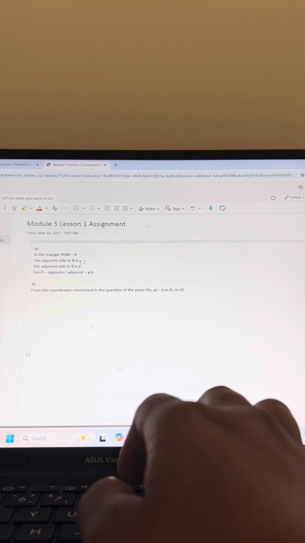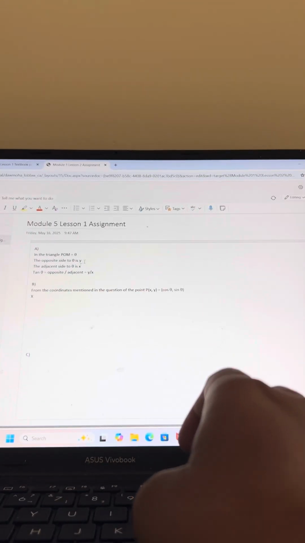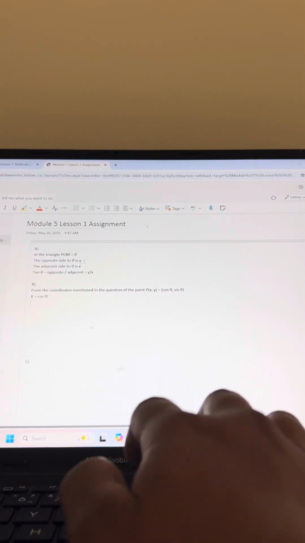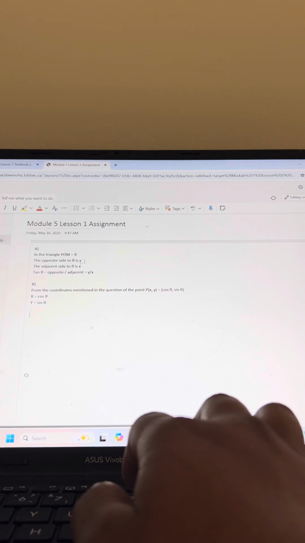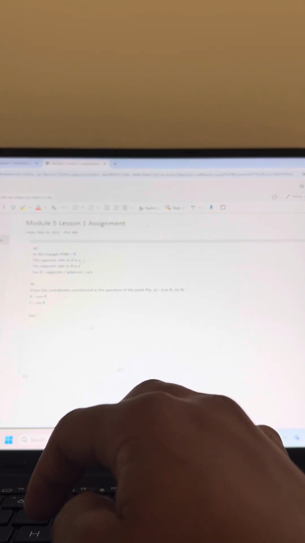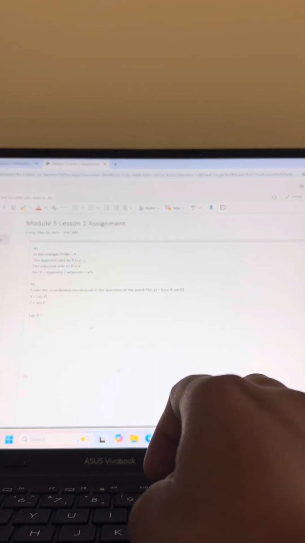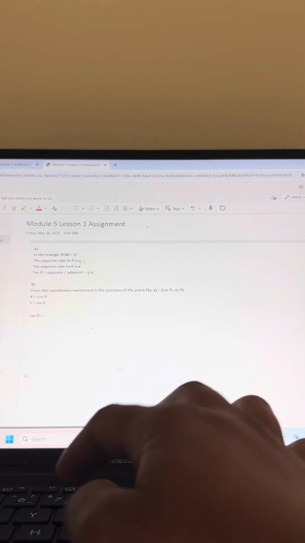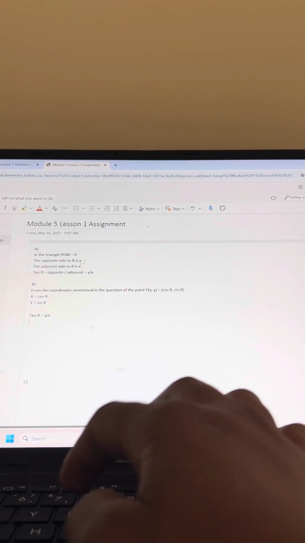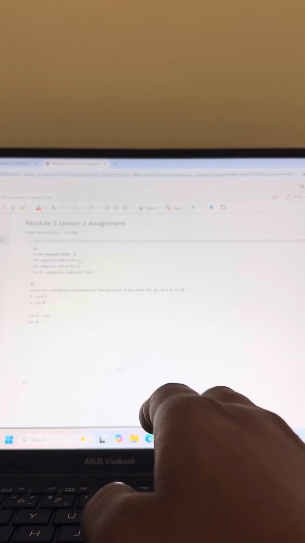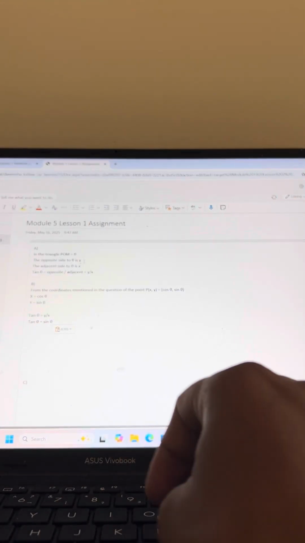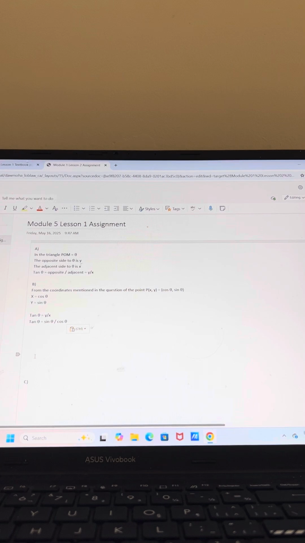So x is going to be equal to cosine theta, and y is going to be equal to sine theta. So tan theta is equal to y over x, right? So tan theta is going to be equal to sine theta over cosine theta. So that's it for B.